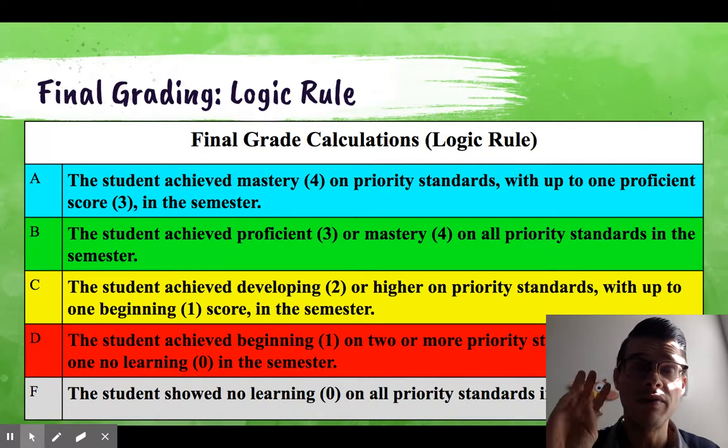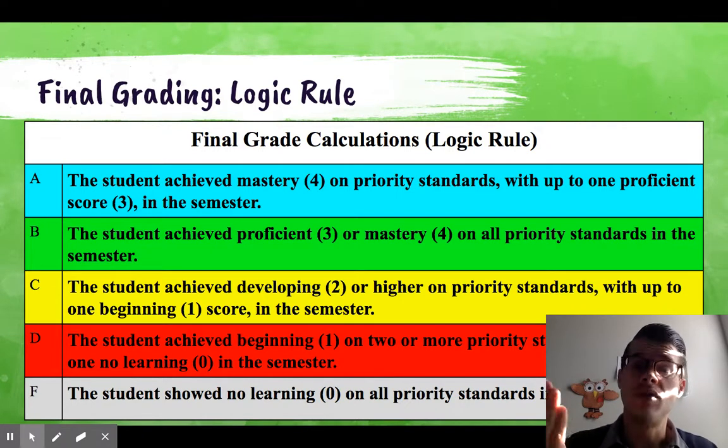Remember, we have 3 so far. We will have 4 total for the semester. However, I think it's understandable if somebody scored mastery in all, but maybe proficient on one. I think altogether, collectively, that would still represent a mastery level. That's why you get an A.